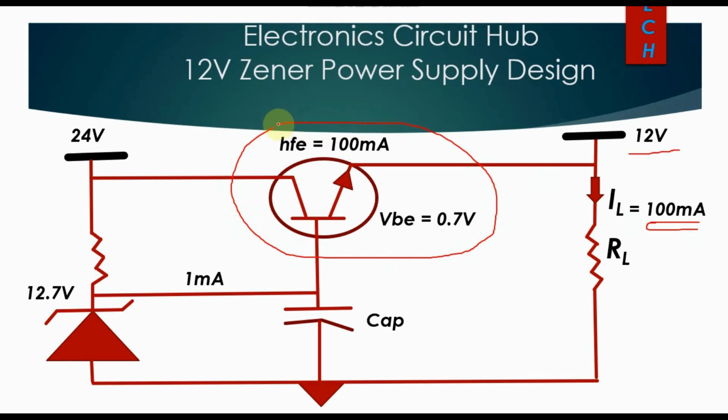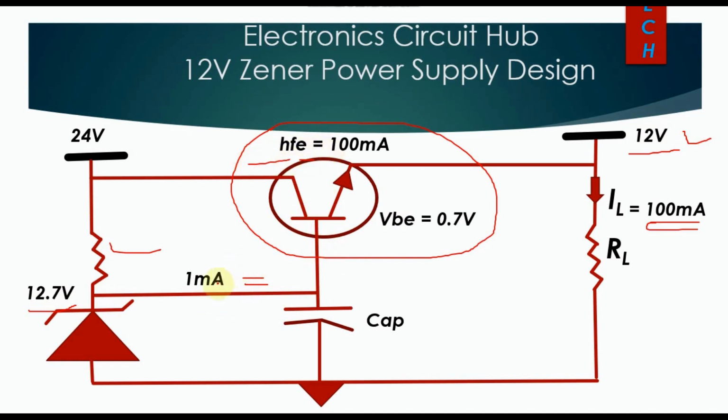This is the series pass transistor. It is a very simple circuit. Your input voltage is 24 volt, and this is the series limiting resistor. Now this time you have to choose a 12.7 volt Zener to achieve 12 volt at the output. Suppose the current flowing through the base of the transistor is 1 milliampere, and you have DC current gain hFE of 100.